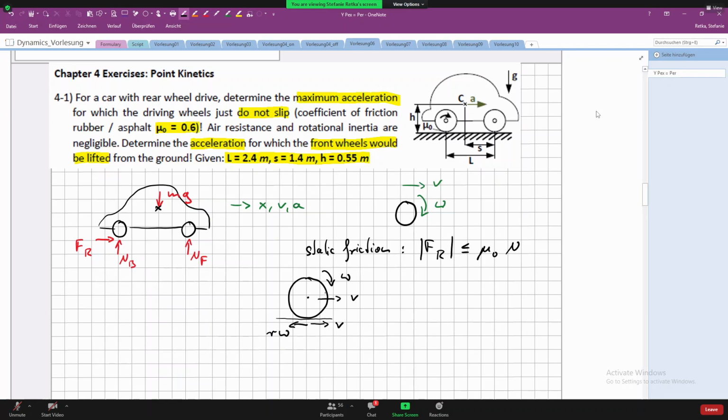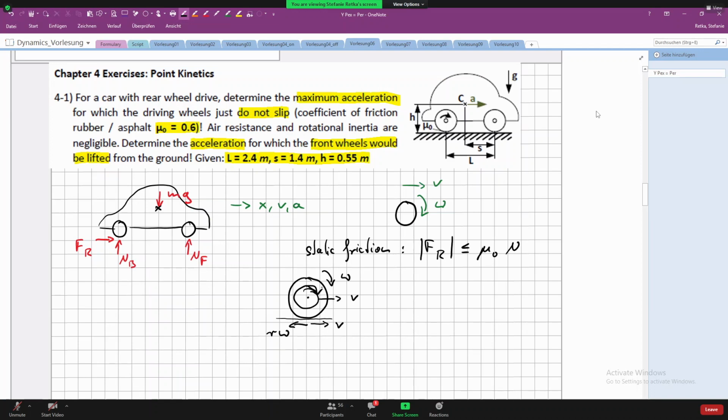So we have to think about what is more likely to happen. For this car, the car is being accelerated, and the acceleration takes place by applying a moment to the tire, by increasing the rotational velocity of the tire. So if the tire starts to slip, it will rotate faster than it translates. Then it will rotate, well, not on the spot, but it will rotate faster than it moves forward.